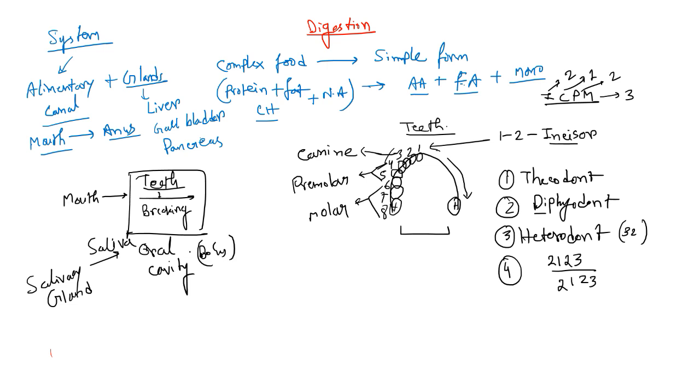This salivary gland also releases carbohydrate degrading enzymes, salivary amylase, that can break down complex carbohydrates into simpler forms. So carbohydrate digestion begins in the mouth, but the other components like protein and fat start their journey later, not now.